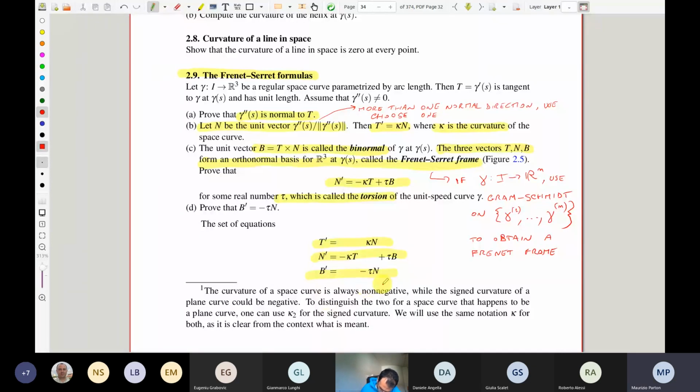They give you a frame made by three vectors in every point of the curve, a frame which is, from some point of view, a natural frame for looking at things if you are living on the curve, as we were saying before.